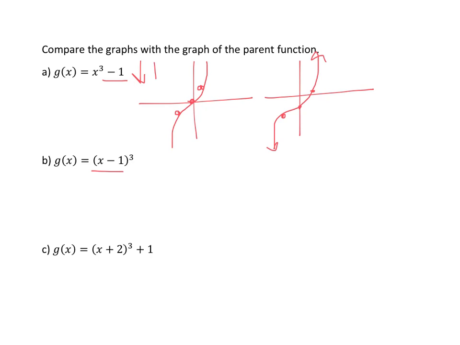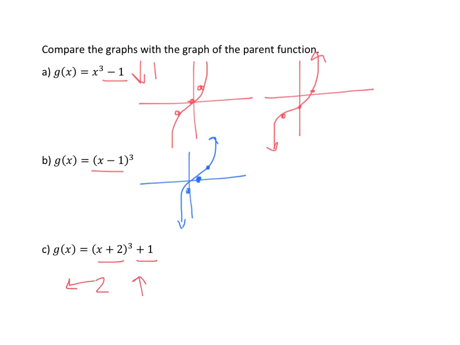If it's a move on the inside, now I'm talking about opposite, subtraction, so that's going to go right. So my middle point is going to be moved over to the right one, and the rest fall in line. This one has 2 moves. I've got an inside move here. That's going to go left 2.